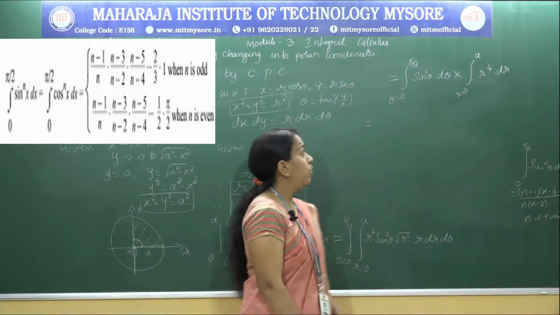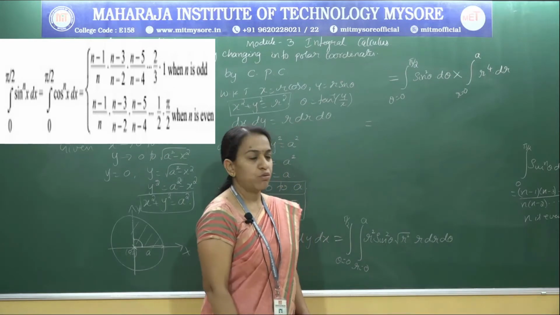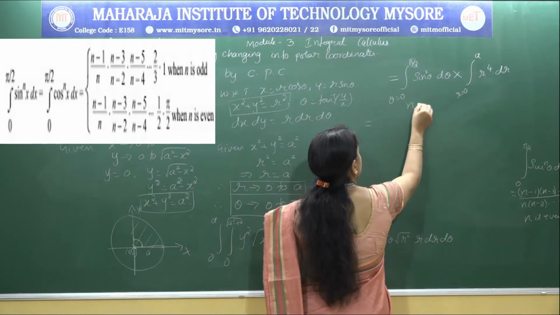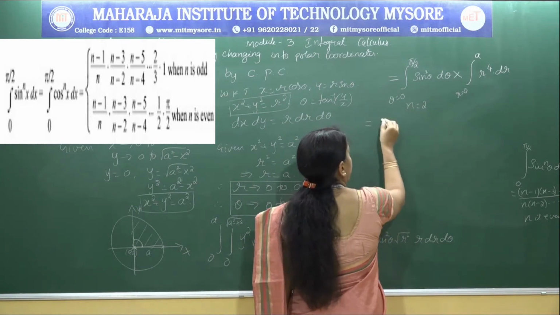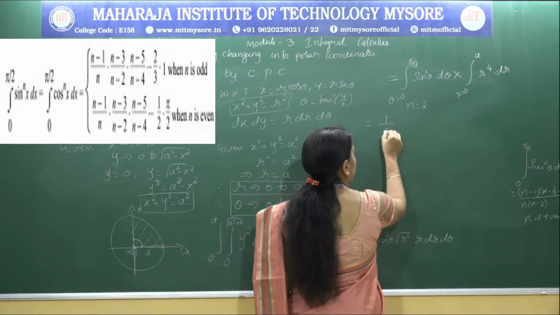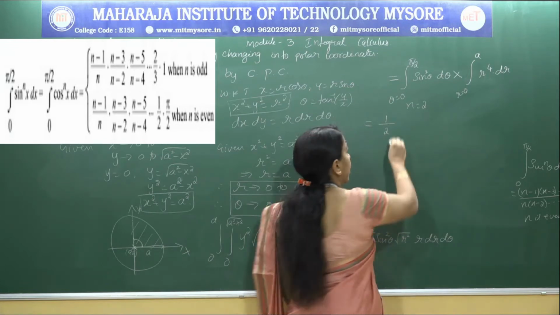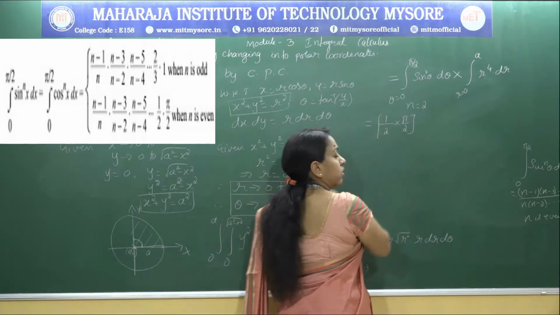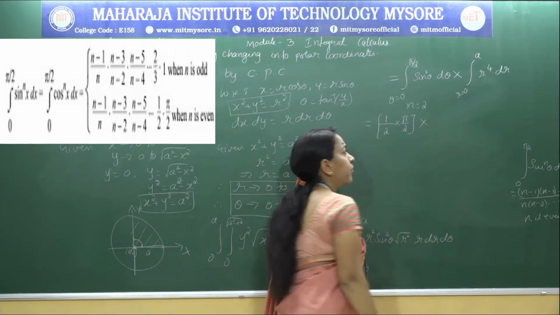In this case we have an even number, n equal to 2. Using the same formula, we have 2 minus 1 by 2, the last term into the constant pi by 2.